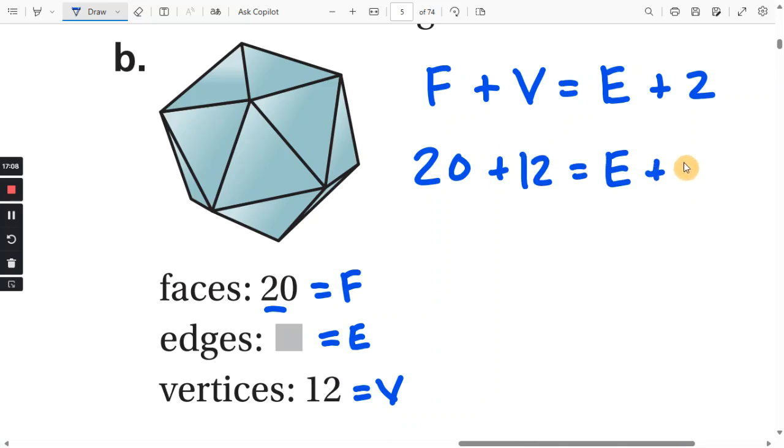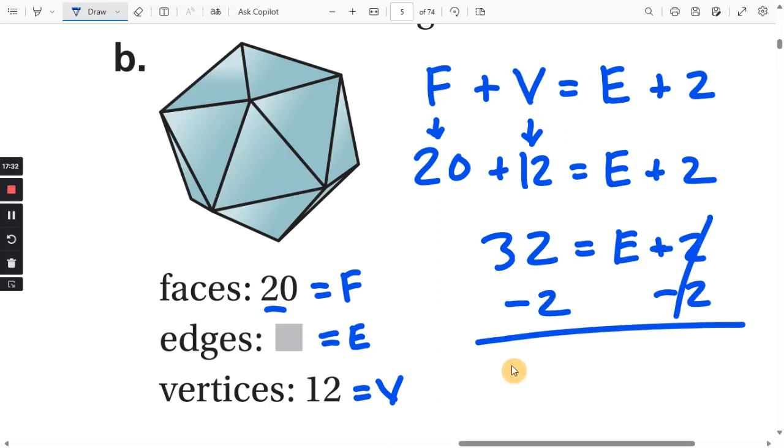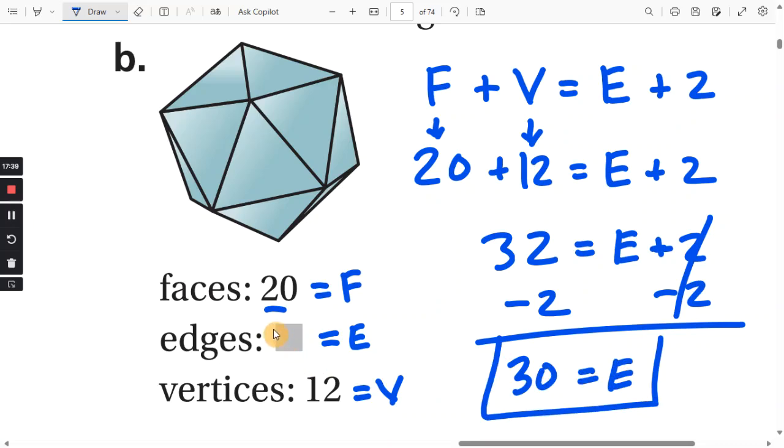Once again, I am just using the formula and plugging in the numbers we were given. 20 plus 12 is 32, and that equals E plus 2. Solving for E, the opposite of plus 2 is minus 2. 2 minus 2 is gone. 32 minus 2 is 30. And that equals E. The number of edges is 30. All right, pretty simple. Just use Euler's formula.